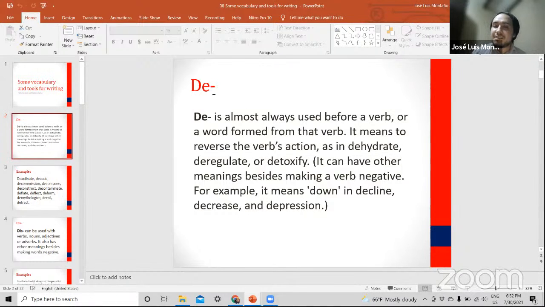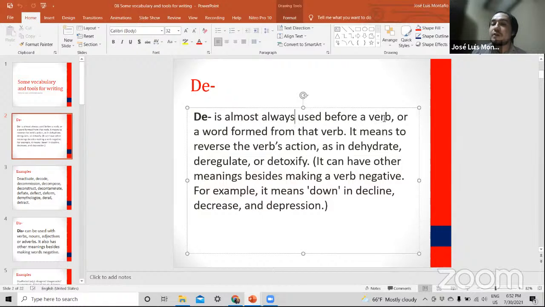So DE, right, the pronunciation is going to vary according to the word you have after that. It's almost always used before a verb or a word formed from that verb. It means to reverse the verb's action. This is really important.